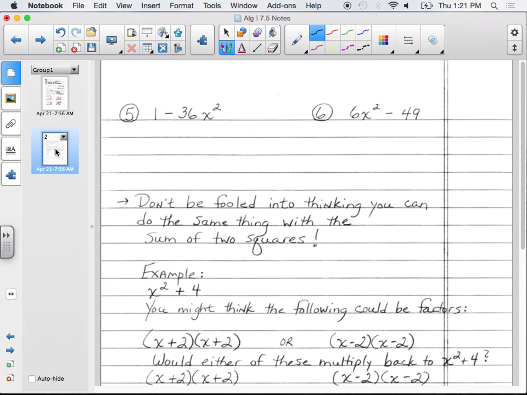There's a negative sign, but all we're worried about is the numbers. Would you put the x's first or second? Doesn't matter. 36x squared. Right.